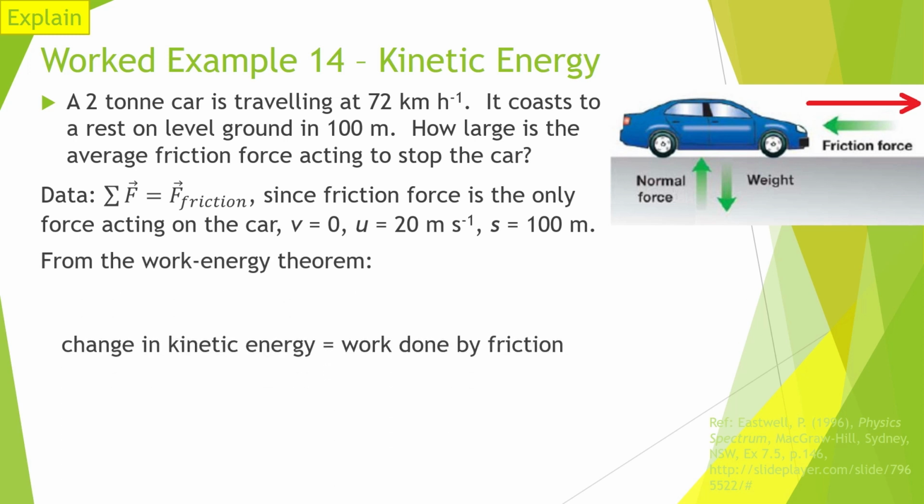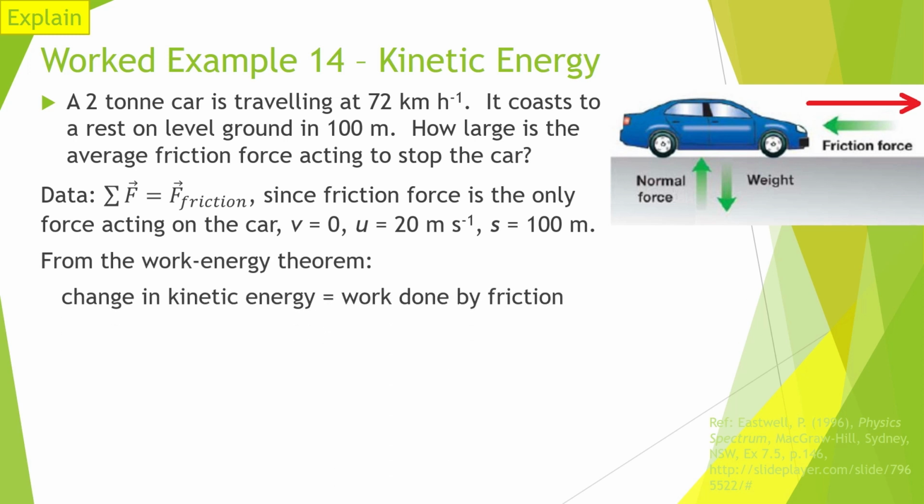From the work energy theorem, the change in kinetic energy is the work done by friction. So delta kinetic energy equals work due to friction. So half mv squared minus a half mu squared equals force of friction times s cos theta.